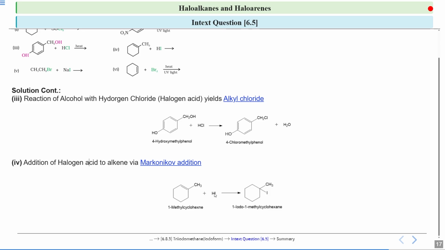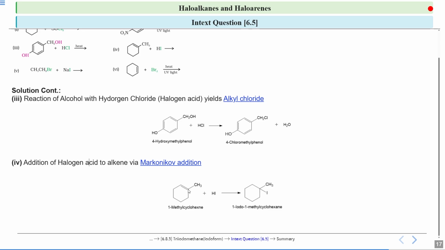Markovnikov's rule says that the negative part, the iodine, will attach to that carbon of the double bonded carbons that is more substituted, or that is having the lesser number of hydrogens. So these two carbons are double bonded carbons. This carbon has 3 bonds in the ring and 1 bond with hydrogen. Now for this carbon, 3 bonds are in the ring and 1 bond is with this methyl group, right?